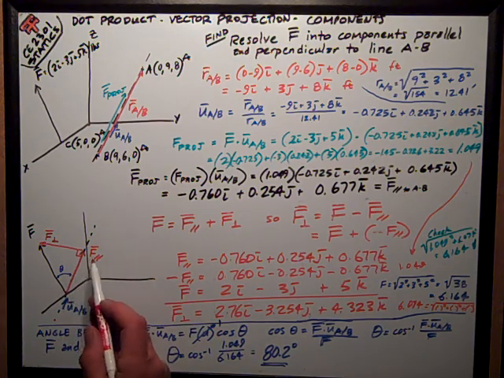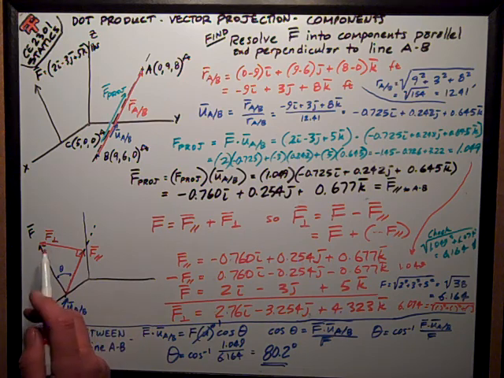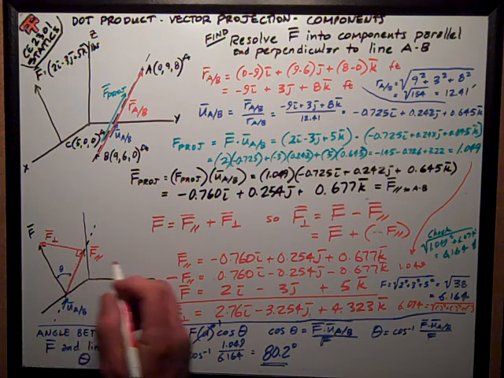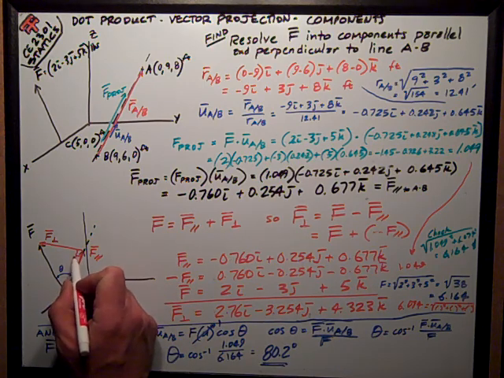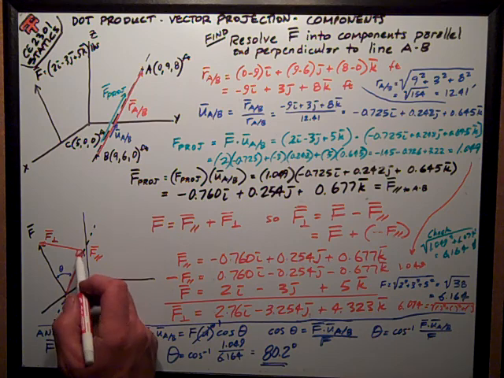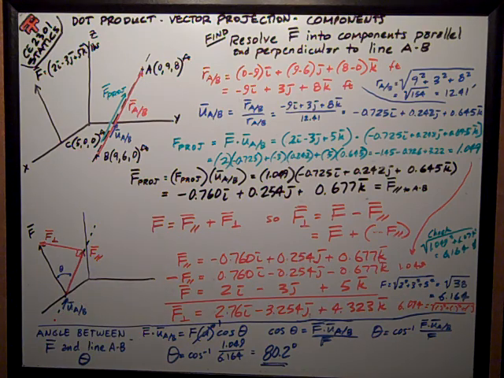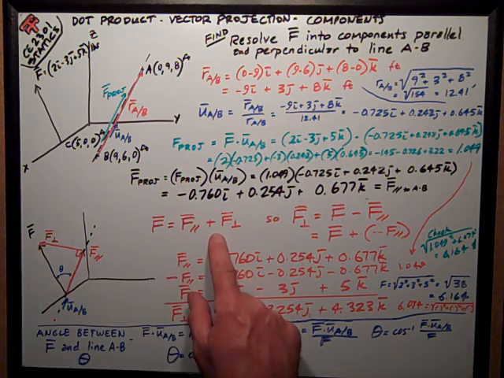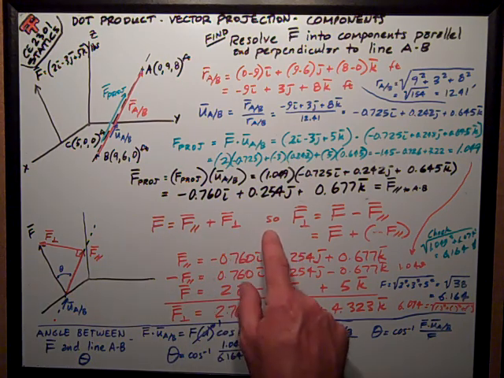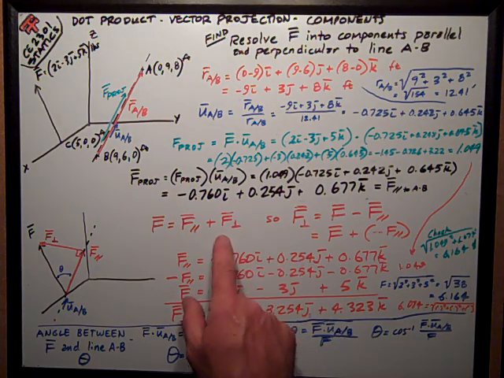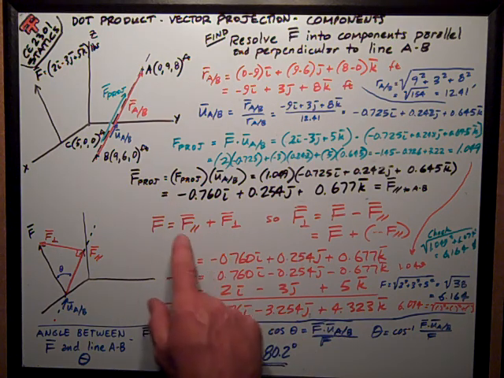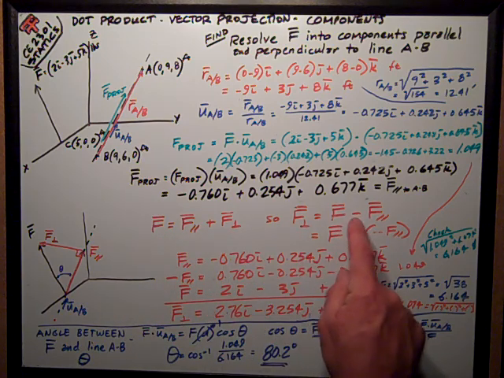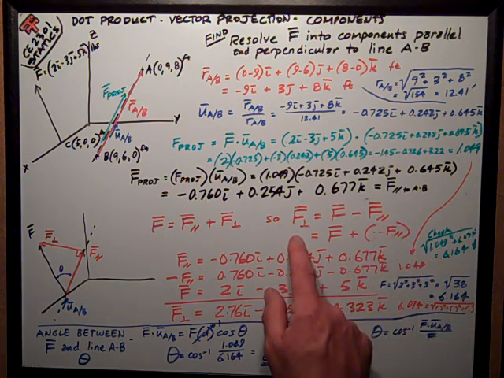I have F parallel vector to AB, and I have F perpendicular to AB. It's hard to show these things in 3 dimensions, but these vectors are perpendicular to one another. I've shown that with this perpendicular sign. So, F is really the resultant of F parallel plus F perpendicular. So I can subtract F parallel from both sides of this equation, and I get that F perpendicular is equal to F minus F parallel.